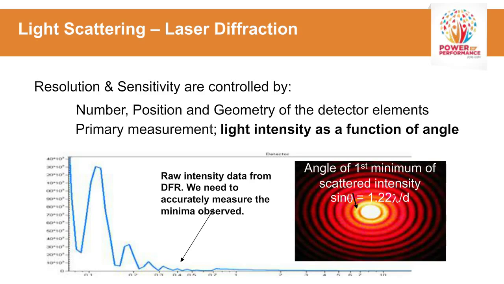We have a 126 detector diode array, and what you need to really define is this raw intensity data, as pictured in the graph on the right. You'll get some pattern depending on the distribution of your particles. This pattern can vary, and the intensity of these rings and dark spots can vary.